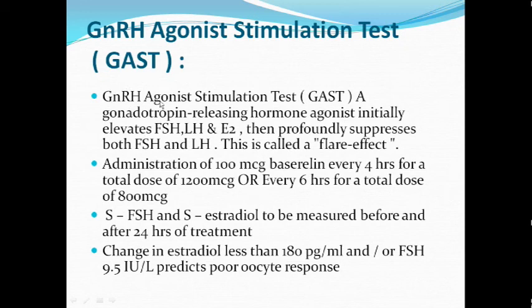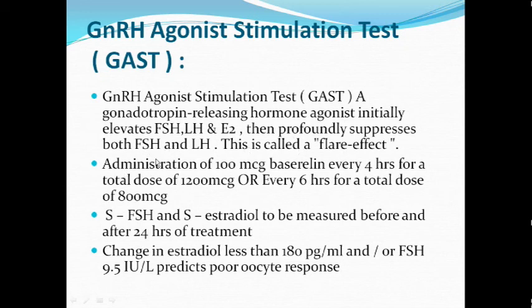So with the exogenous GnRH agonist, there will be a flare up effect. Initially there is an increase in the FSH, LH and E2, then finally it causes profound suppression of the pituitary and a decrease in the levels of both FSH and LH. So this is known as the flare effect.